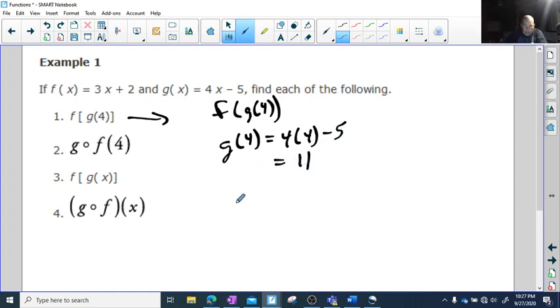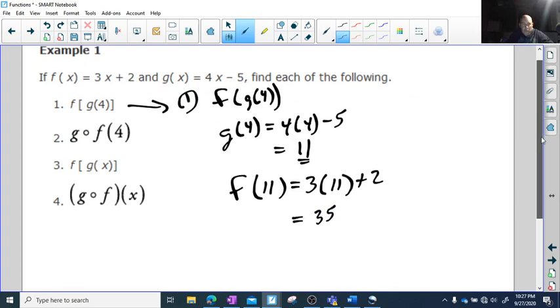Then replace g of 4 with its numeric value. So instead of f of g of 4, I know that g of 4 can be replaced with an 11 because they're equal to each other. So now I go to function f and I put an 11 in for the x. And that gives me 33 plus 2, 35.